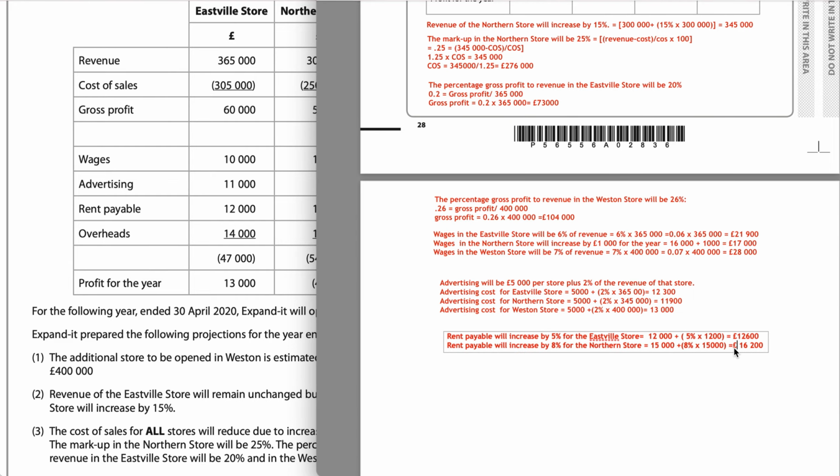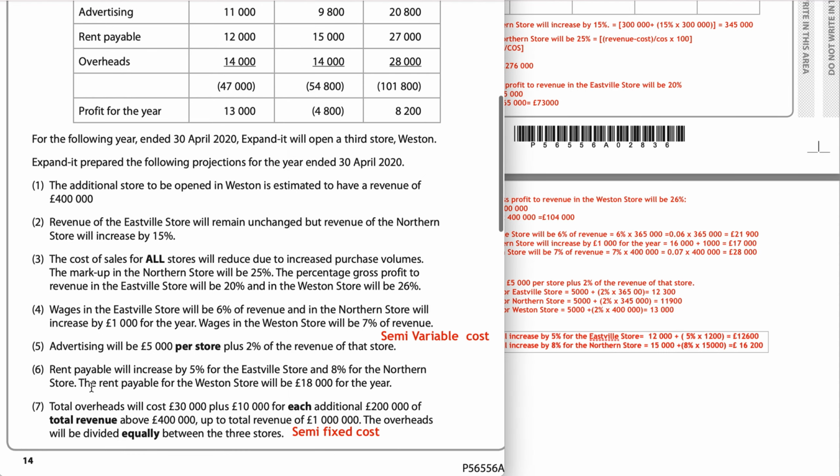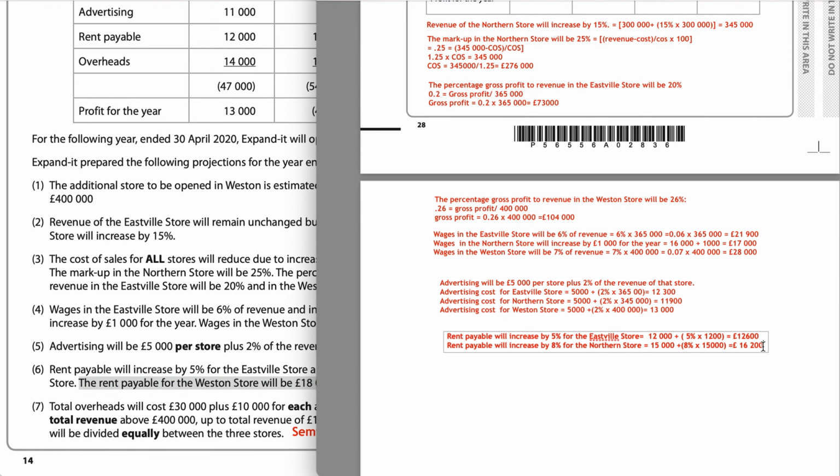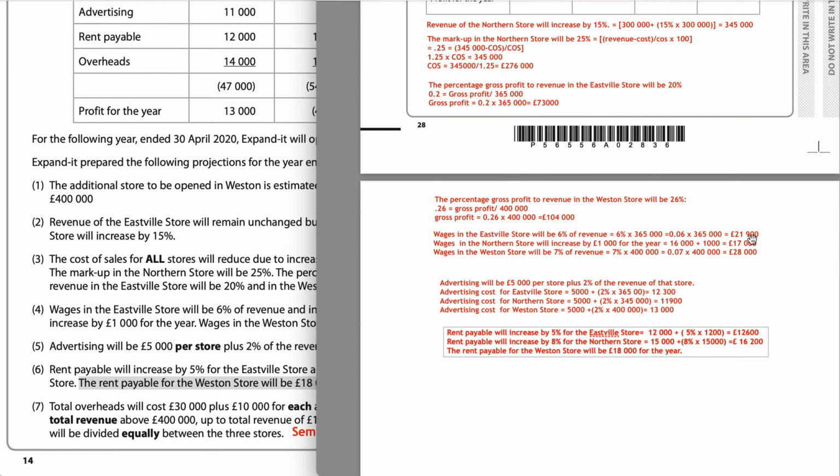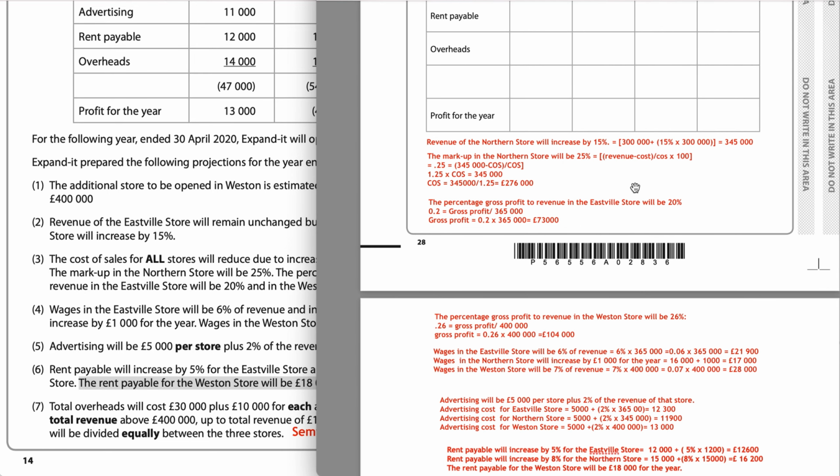Then the rent information for the western store. The rent payable for the western store will be 18,000 for the year. It is directly given here, so directly we have to write it.